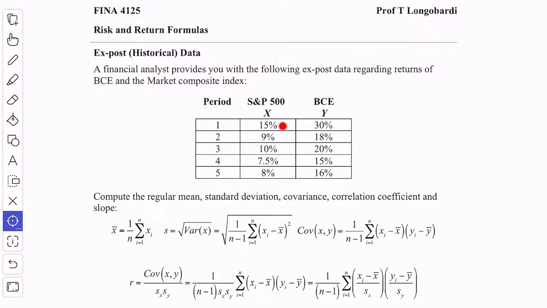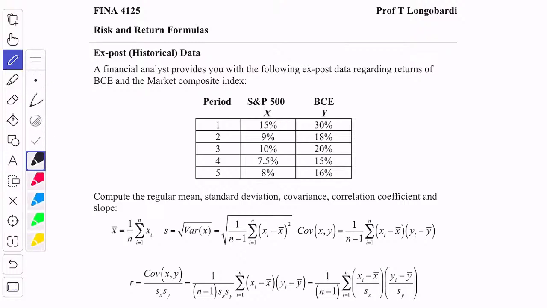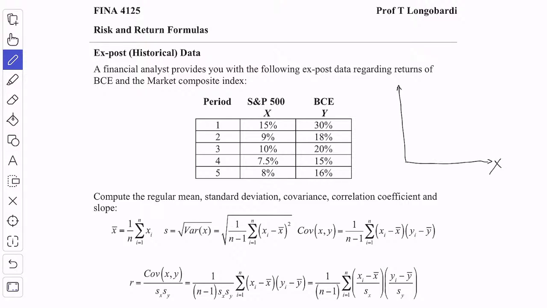All right, so what we do is we display. So I've already chosen how I'm going to depict these in a coordinate axis, and what I do is I always put the market on this axis, and that implies that the market influences BCE returns. Okay, so that's certain, the market is going to influence the stock.